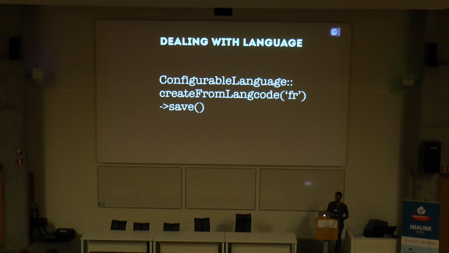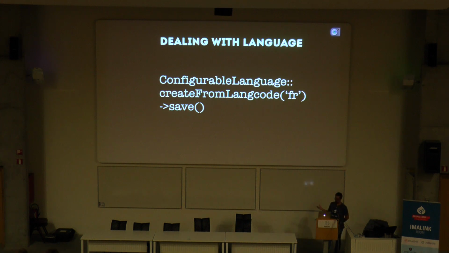And for creating your languages, you can do that through the API, of course. And Drupal has a list of 95 standard languages. So if you want to create them on your site, you can use this shortcut method, createFromLangcode, and pass the langcode.